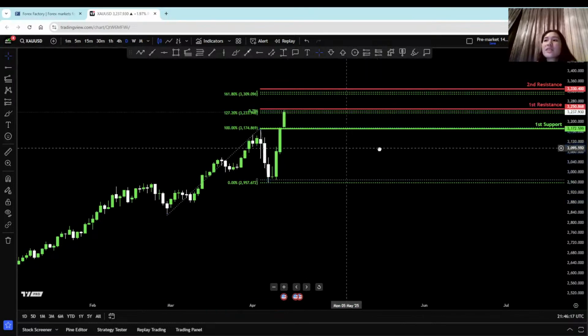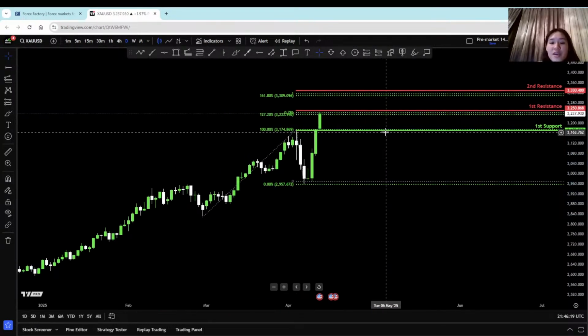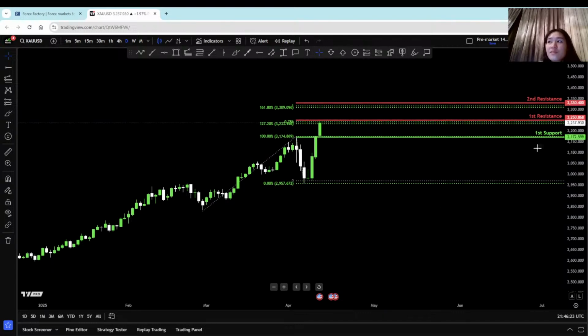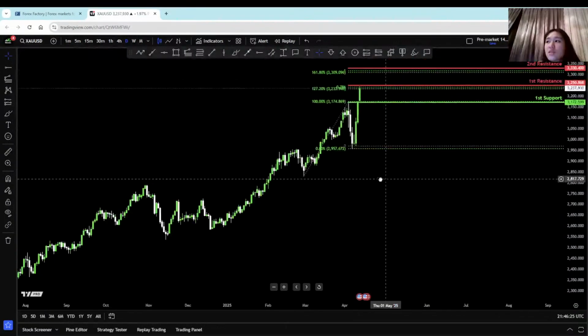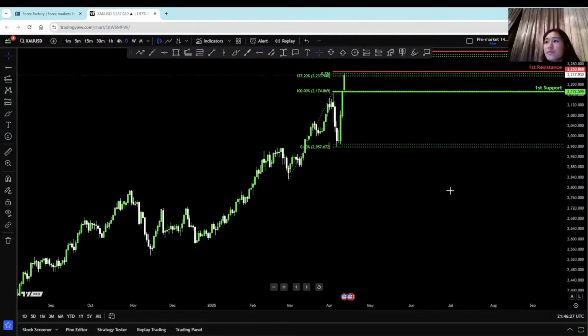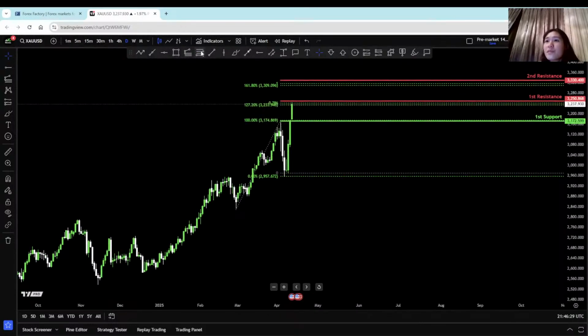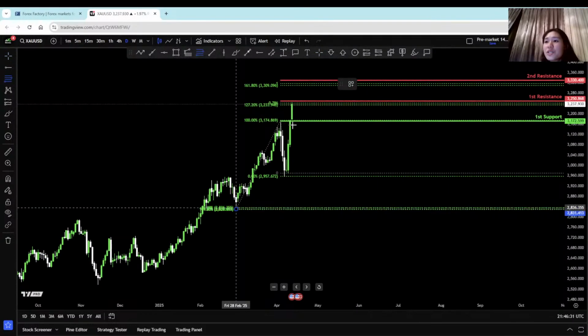Okay, you can see how nicely those projections and extensions look. Now I'm going in with a retracement.